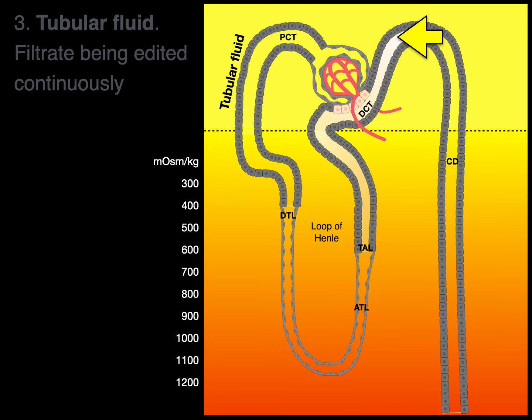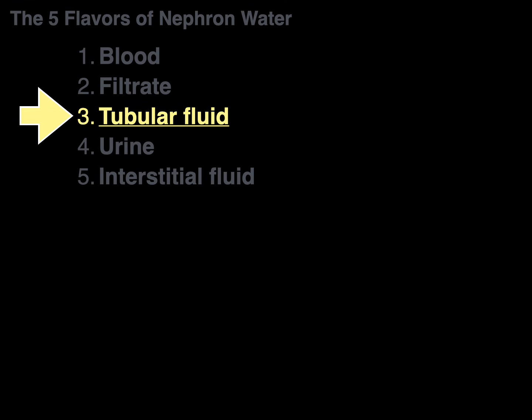So by the time the tubular fluid's at the end of the distal tubule, it's like 100 milliosmoles per kilogram. And then if we have both aquaporins and ENaC, as the tubular fluid descends down the collecting ducts, it can be maximally concentrated again. So tubular fluid is filtrate being edited continuously through transporters.